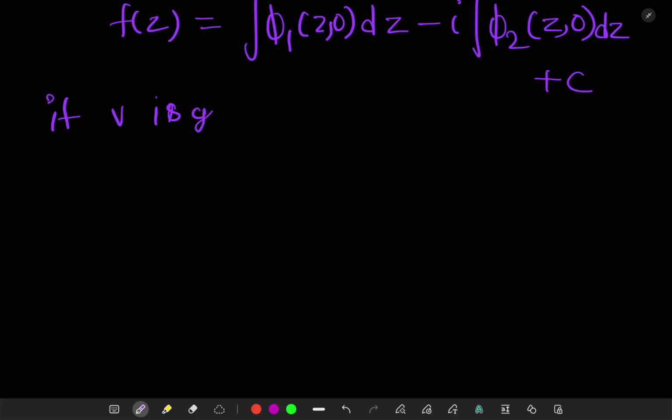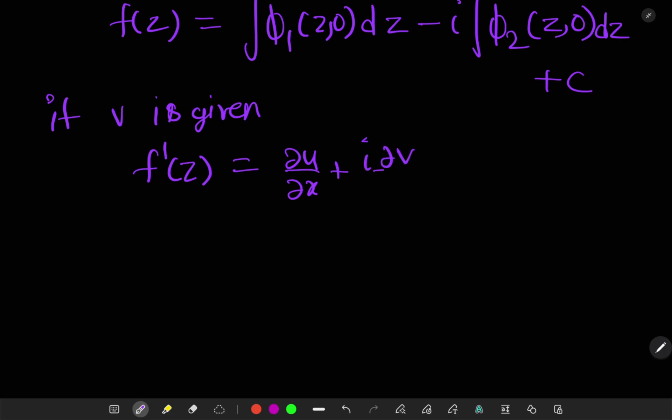If v is given, similarly we use here f dash z is equal to del u over del x plus iota del v over del x, and we can use here del u over del x is equal to del v over del y plus iota del v over del x.